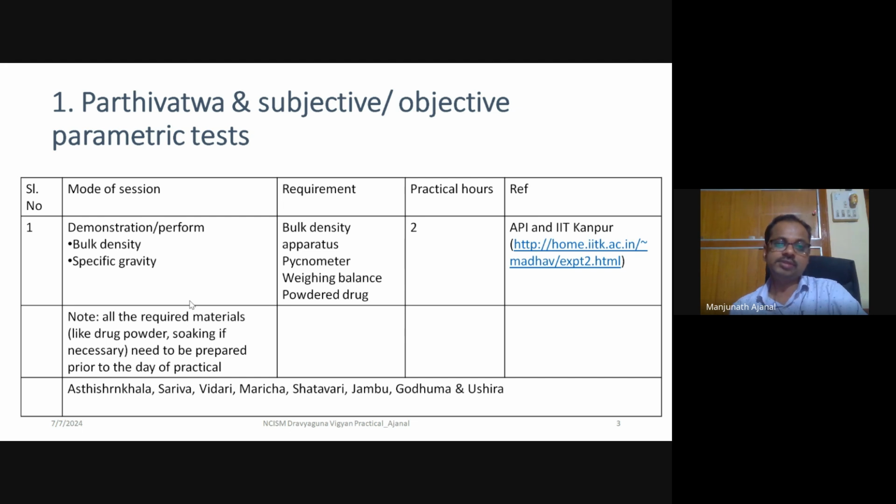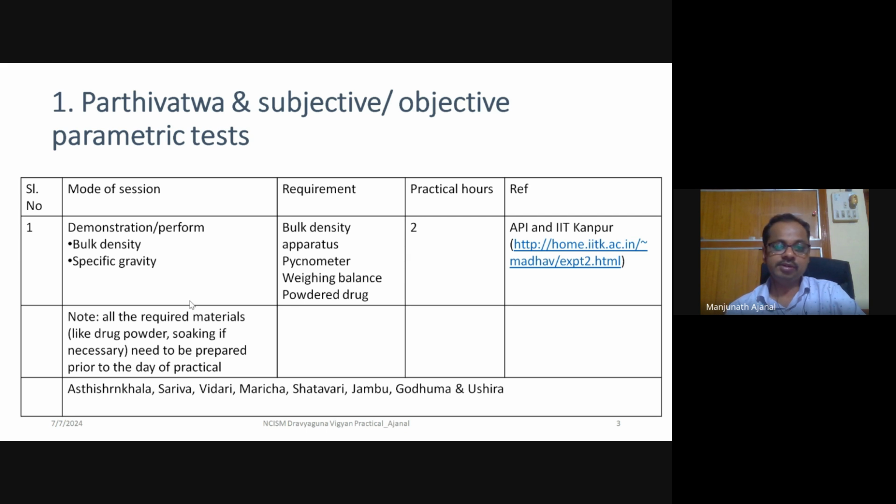The Parthivatva of the Dravyas is examined based on the density and specific gravity. The principle is very simple. If a particular Dravya has higher density and higher specific gravity, it possesses Parthivatva. So these examinations will include bulk density assessment and specific gravity assessment.